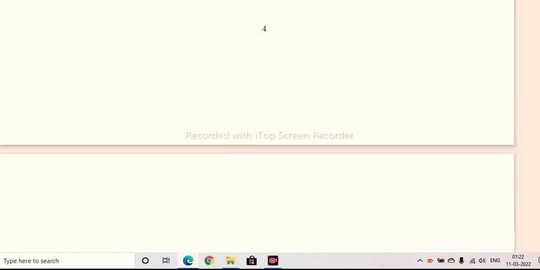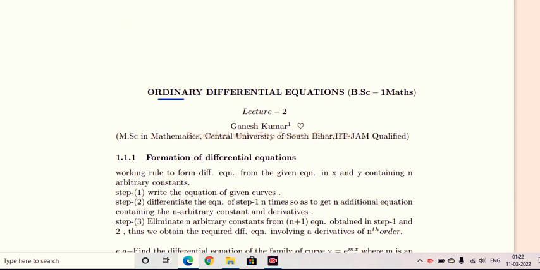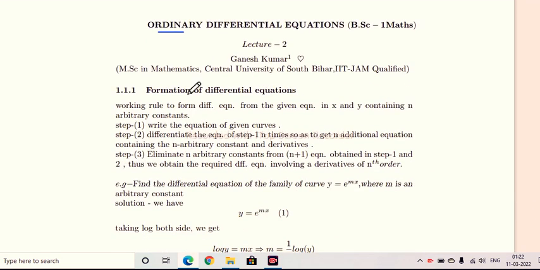So now proceed to formation of differential equations.